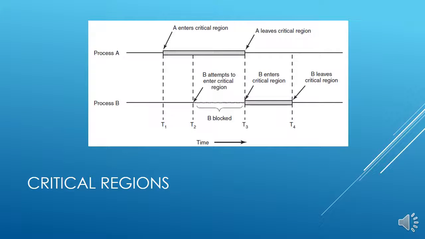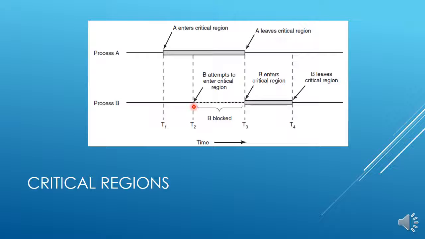In the abstract sense, the behavior that we want is shown in this figure. Process B attempts to enter its critical region, but fails because another process is already in its critical region, and we allow only one at a time.